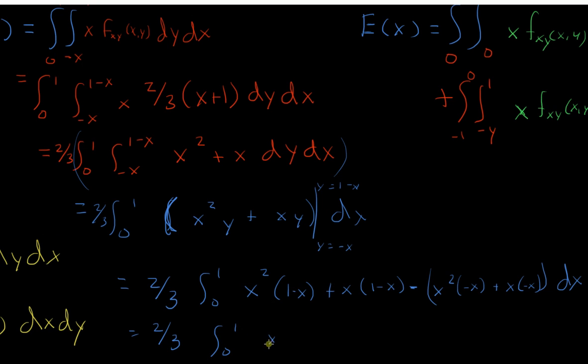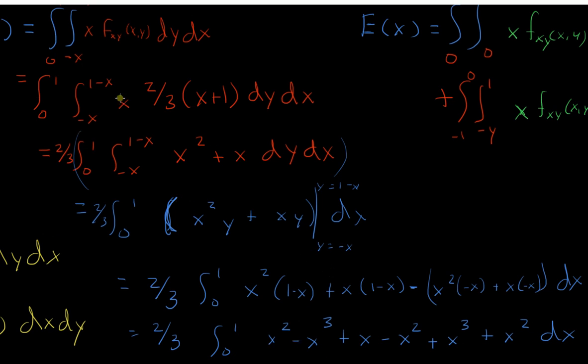Go ahead and distribute this: x squared minus x cubed plus x minus x squared. Distribute this negative sign, so negative and negative makes a positive x cubed, and positive x squared.